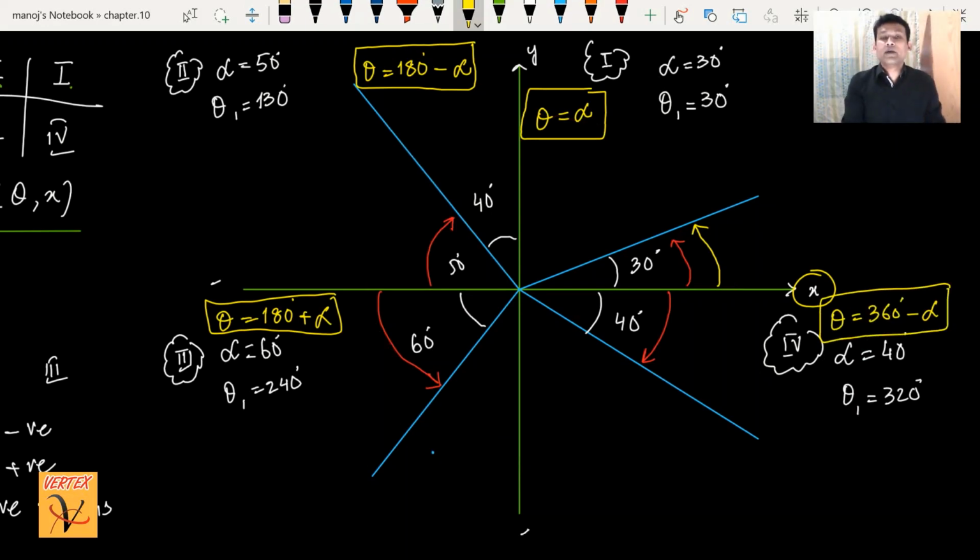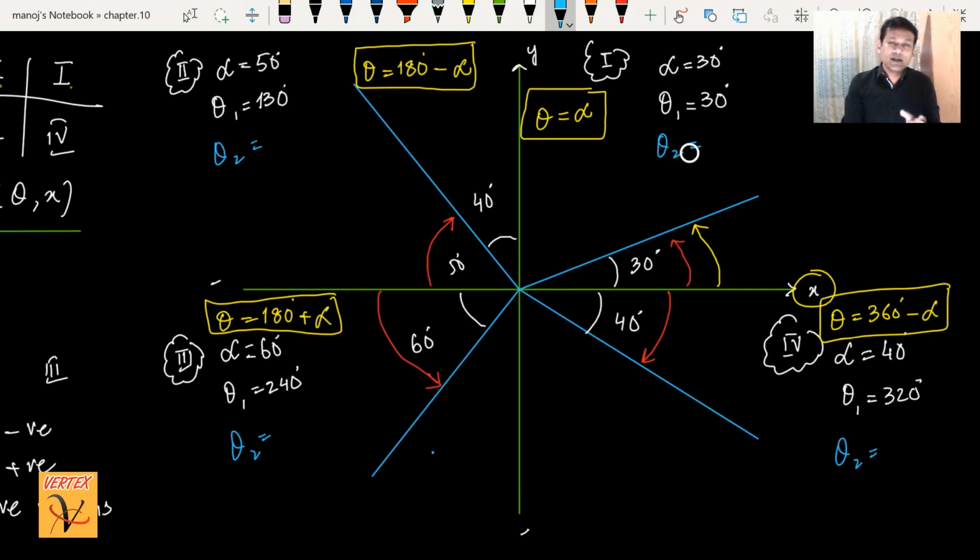Okay, now I'm moving to theta 2. This is anti-clockwise and theta 2 is clockwise. Again, be careful. Theta 2 is clockwise.